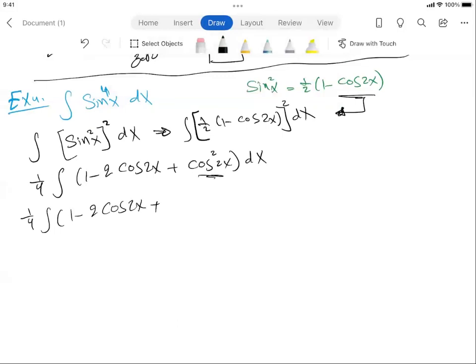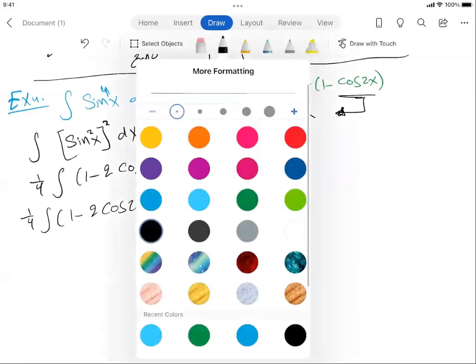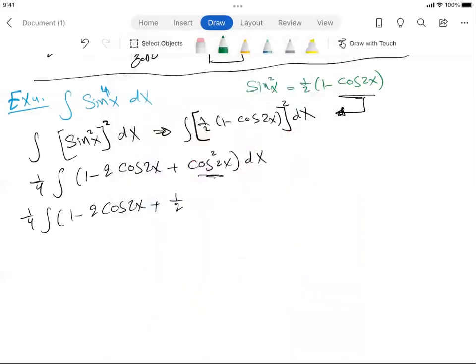For this term, it will become 1/2. Well, okay, let me stop here and remind you of an equivalent identity for cosine. Cosine square of x equals 1/2 times 1 plus cosine of 2x. So that's the only difference in sign. For sine it is negative, for cosine it is positive.